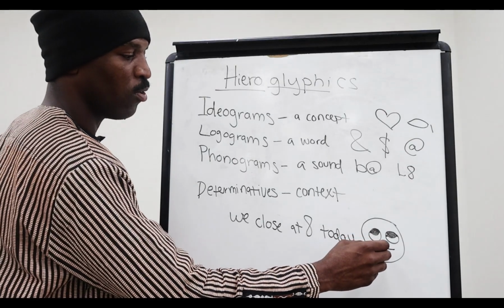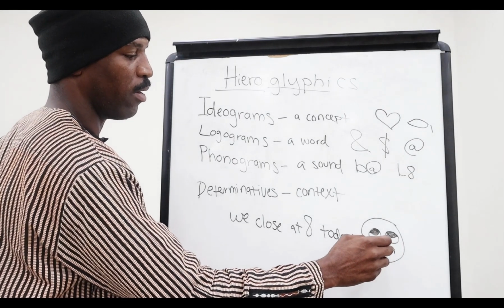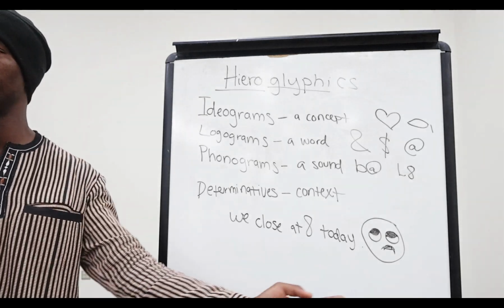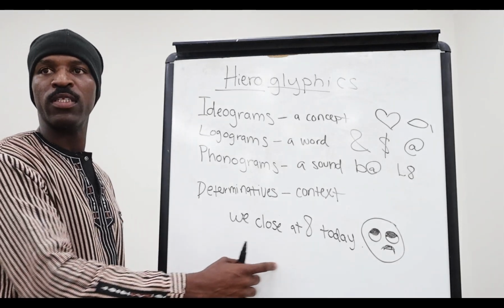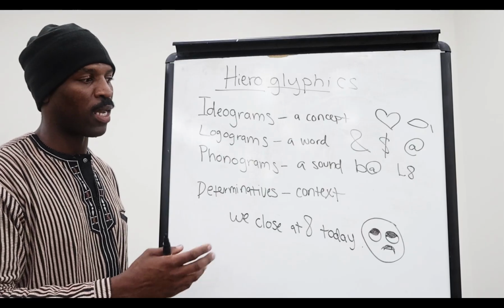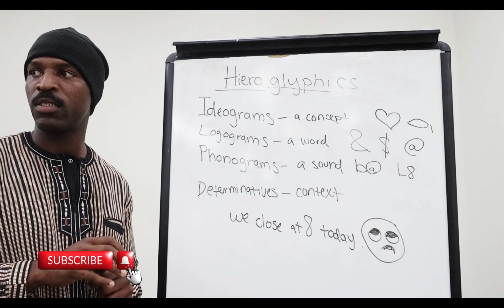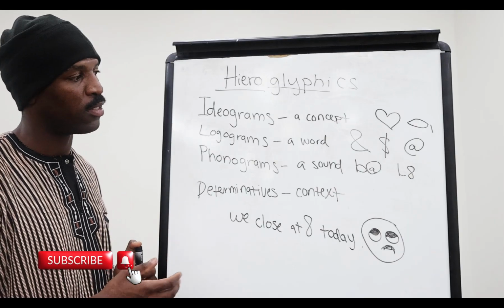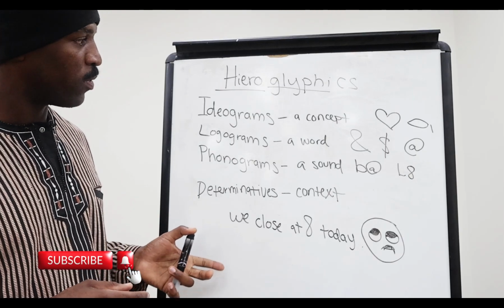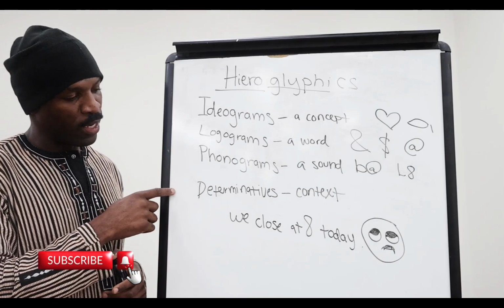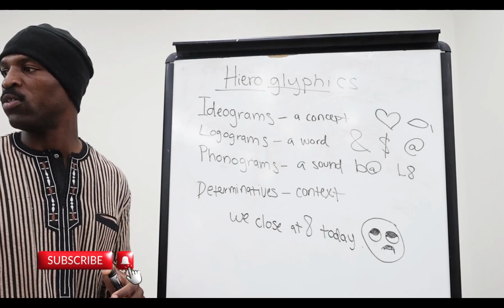Like, oh, it's no longer a happy thing. Now it's a bad thing. So the determinative lets you know what the sentence is about. So sometimes they use certain determinatives to give context to how you should be reading the sentence. So these are the ways in which the hieroglyphs are used, okay?